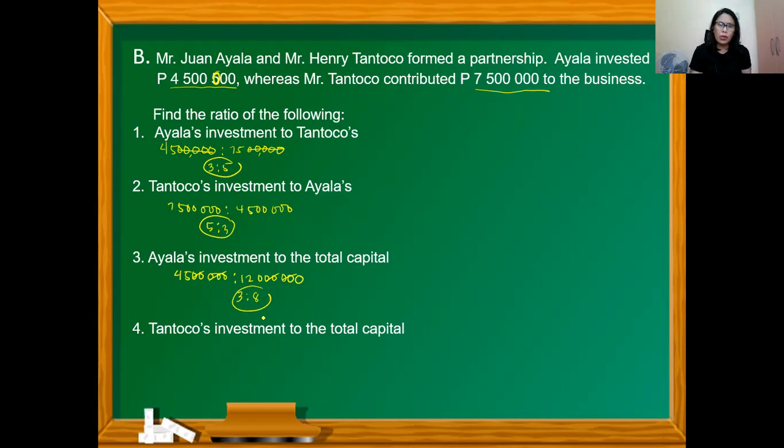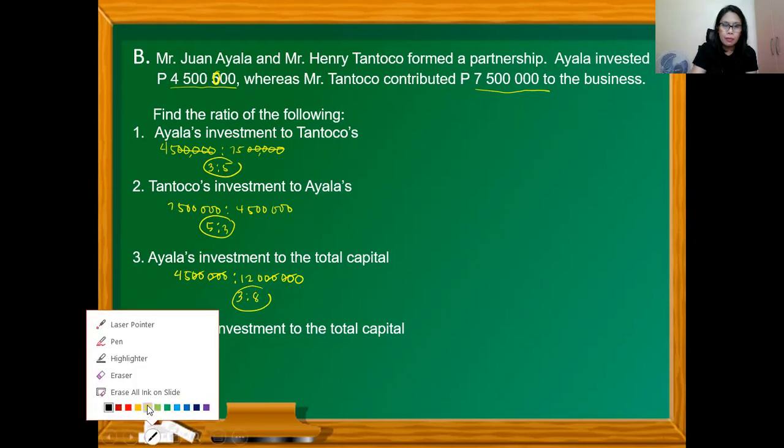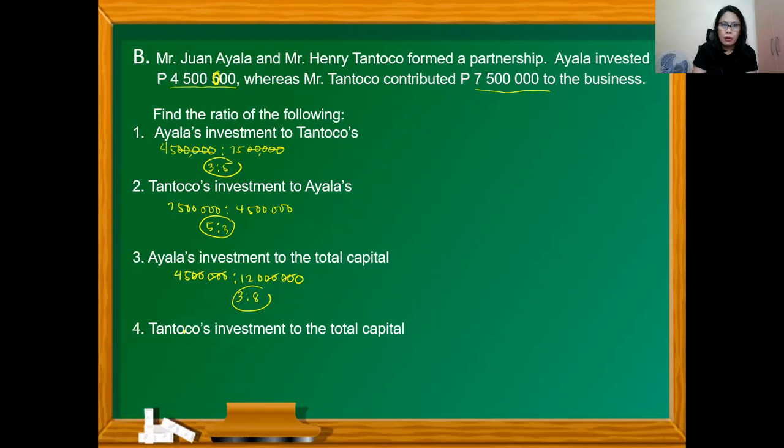Now, how about Tantoco's to the total capital? So this is Tantoco's first before the total. So for number 3, Ayala, yeah. So Tantoco, so it's 7,500,000 to 12 million. Okay.